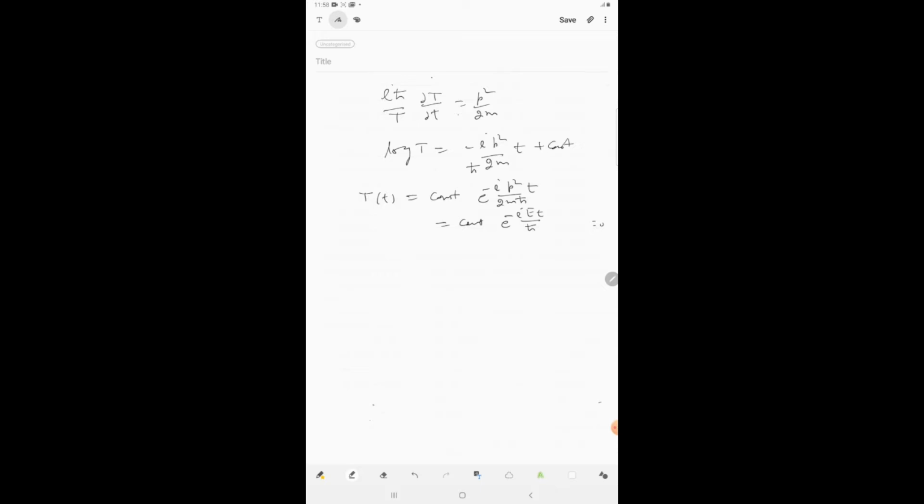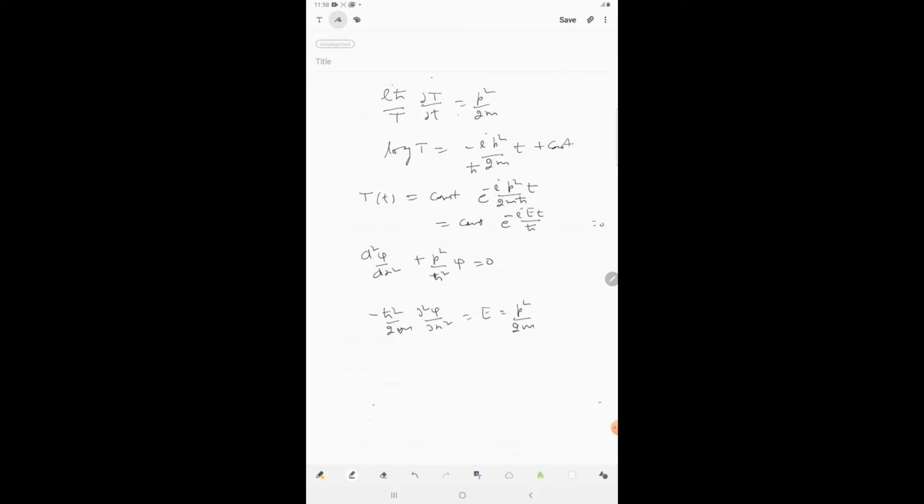For the second part of the solution, we can just write d²ψ by dx² plus p² upon ħ² ψ is equal to 0. As you know, this has come from the second part of the solution, where E is nothing but p² by 2m.